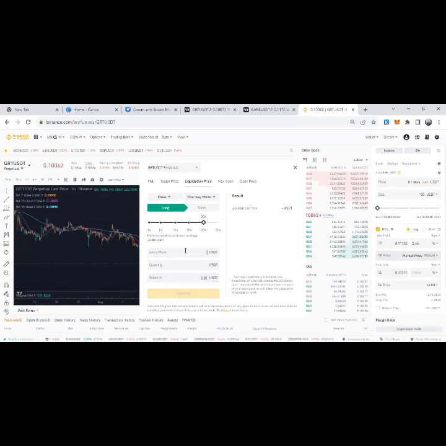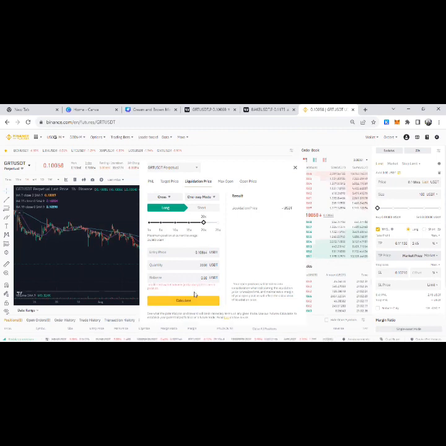Okay, 0.10864. That's our entry price. And the quantity, we said we are trading with 20x, so that will be $2,000. And I want to calculate my liquidation price. It is telling me insufficient wallet balance. We cannot calculate the liquidation price because there's no balance here. But anyways, if you click on this, it's going to calculate it and tell you the points at which your money is going to burn, where you're going to lose all your money.